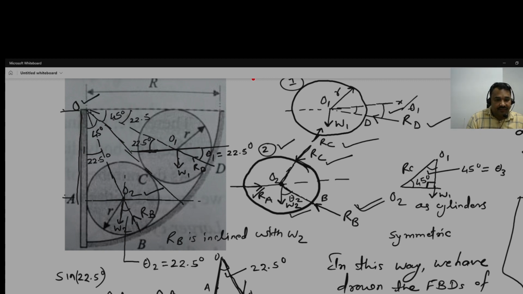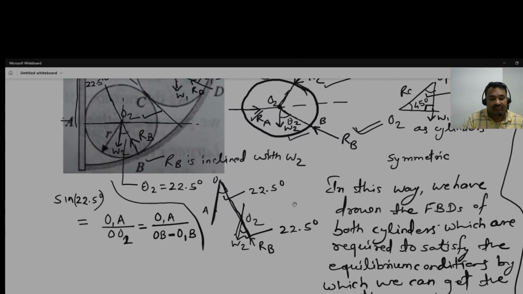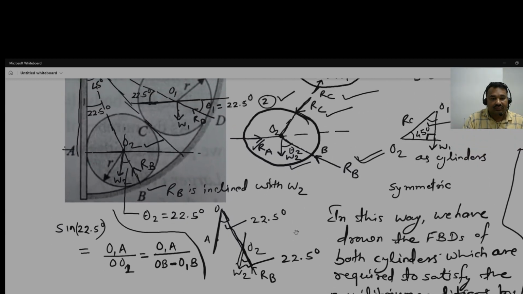Okay, so why not extend it up to B? So I'm going to extend it. O2B is equal to OB minus O1B.